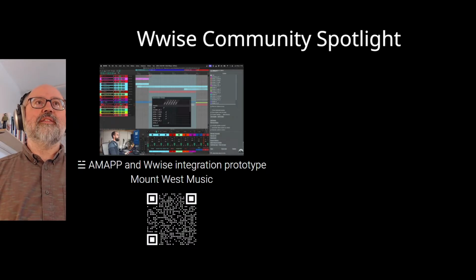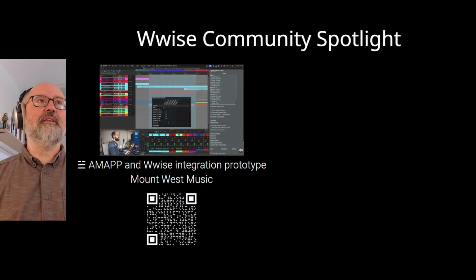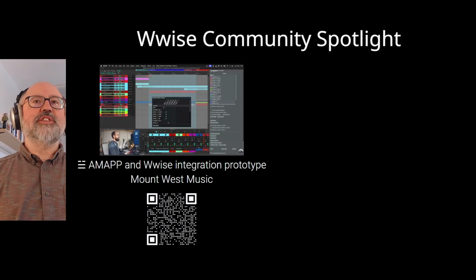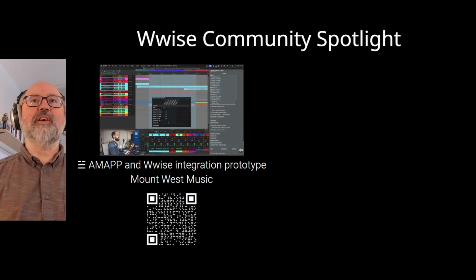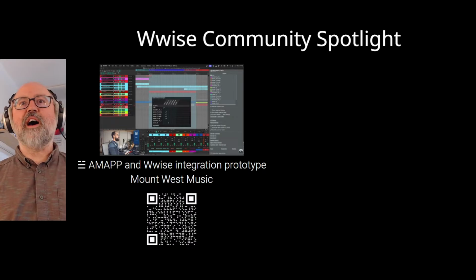Meanwhile, over in the community, as part of that, Mount West Music has created a way to map music created in Reaper with Wwise. So an extension that allows you to map your different music pieces directly over into Wwise as part of the interactive music system.